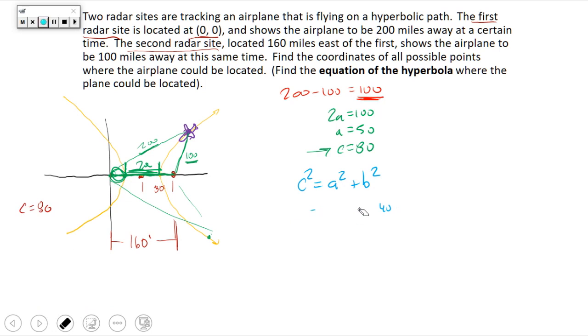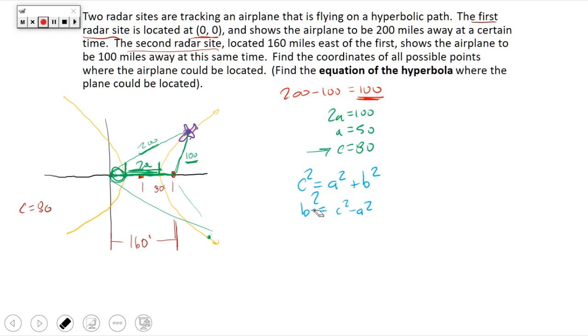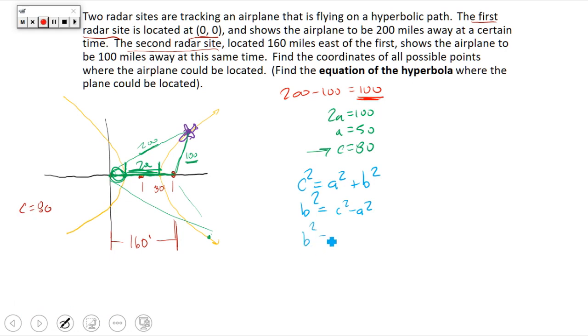So let's solve this equation for b squared. b squared is equal to c squared minus a squared. So b squared is equal to 80 squared minus 50 squared. b squared is equal to 6400 minus 2500. b squared is equal to 3900.